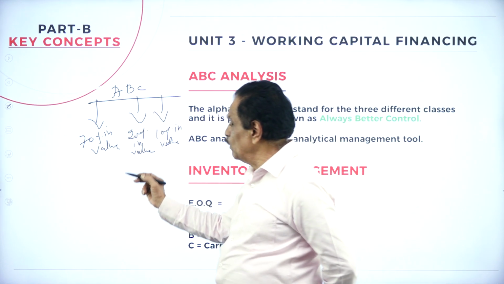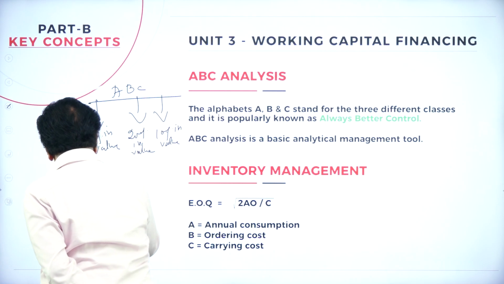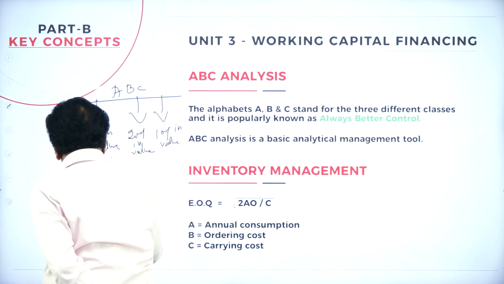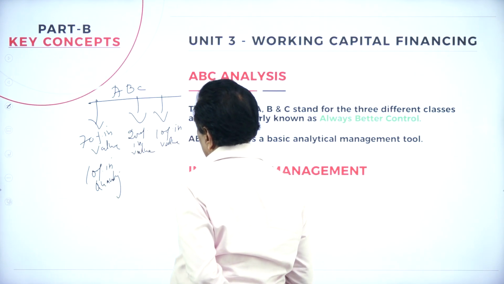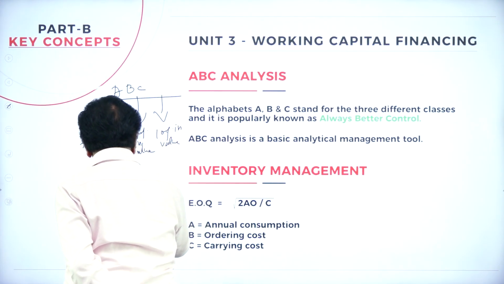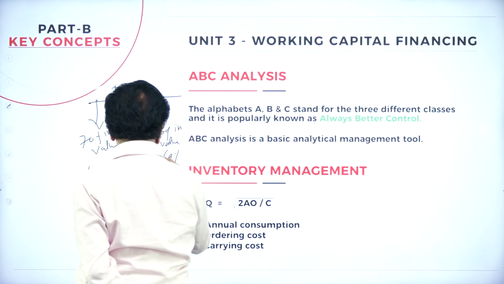So the highest in value materials are considered A. You can say that A is 10% in quantity, B about 30% in quantity, but C 60% in quantity.